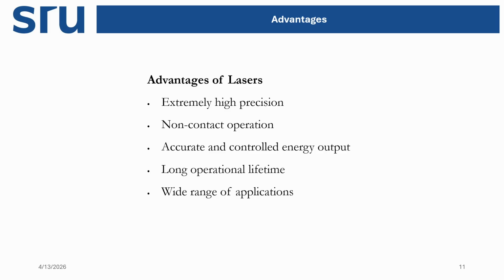So what are the advantages of using the laser? It has very high precision, so we can use it for instruments and studies and get highly precise results. It is non-contact operation, so we do not need any contact and can get data directly. As precision is very high, we can get accurate data. It also has controlled energy output, long operational lifetime, and a wide range of applications.